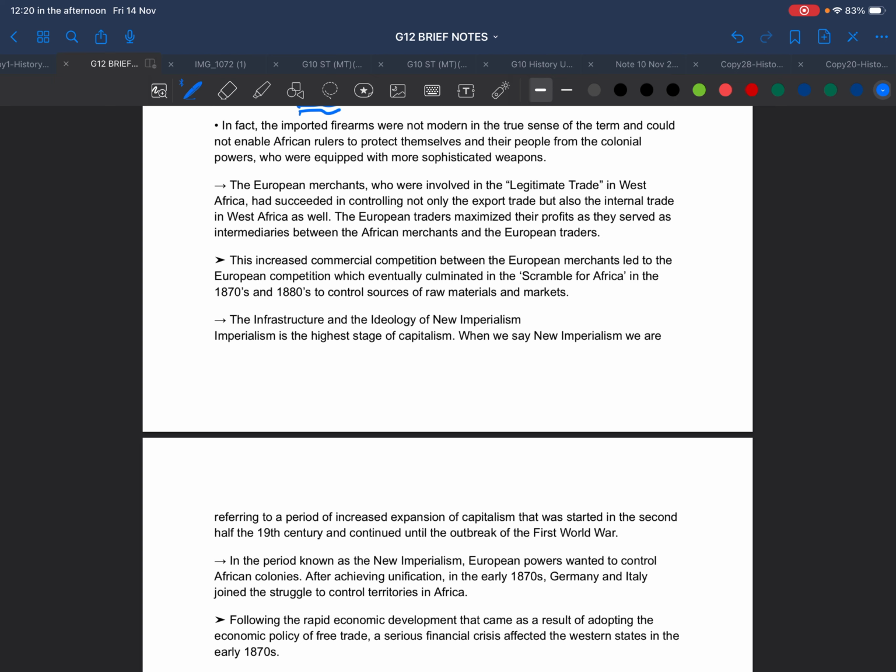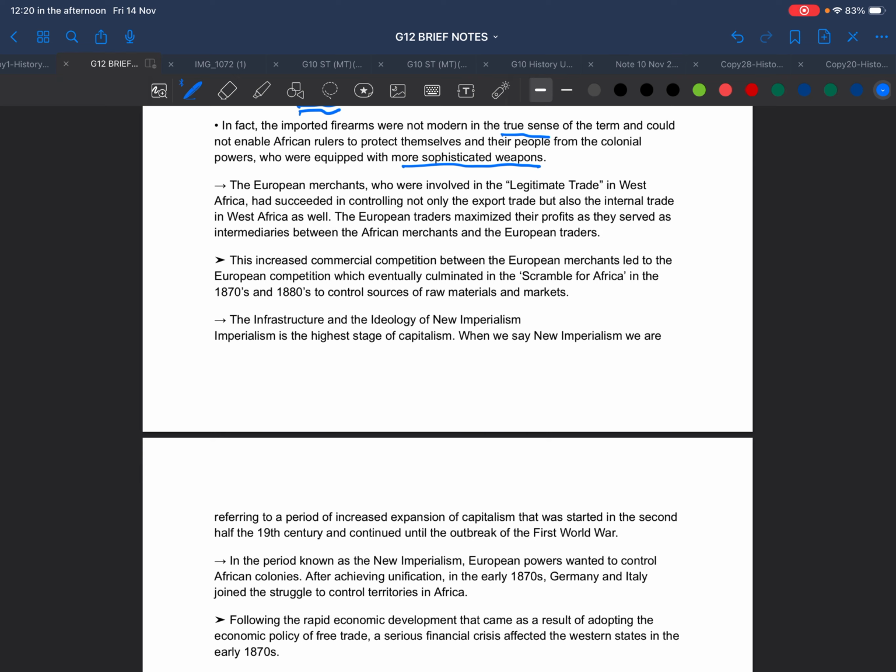In fact, the imported firearms were not modern in the true sense of the term. Those imported firearms could not enable African rulers to protect themselves and their people from the colonial powers, who were equipped with more sophisticated weapons. What they brought and sold to African rulers were not technologically advanced.